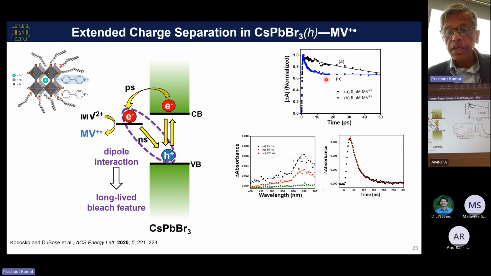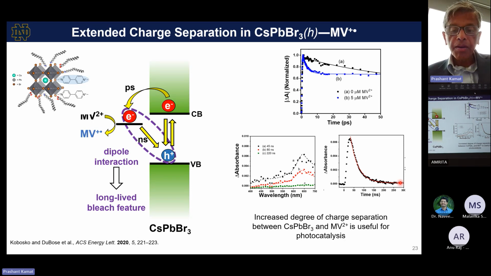As a result, we see a very long-lived charge carrier separation. We can also record the viologen radical formation and how long it lives. So that is what is happening.